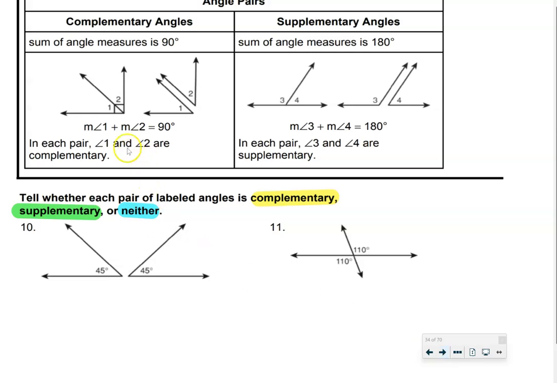All right, now we've already talked about how complementary angles add up to equal 90, supplementary angles add up to equal 180. Take a look at 10 and 11 and see if you can tell me if they're complementary, supplementary, or neither.